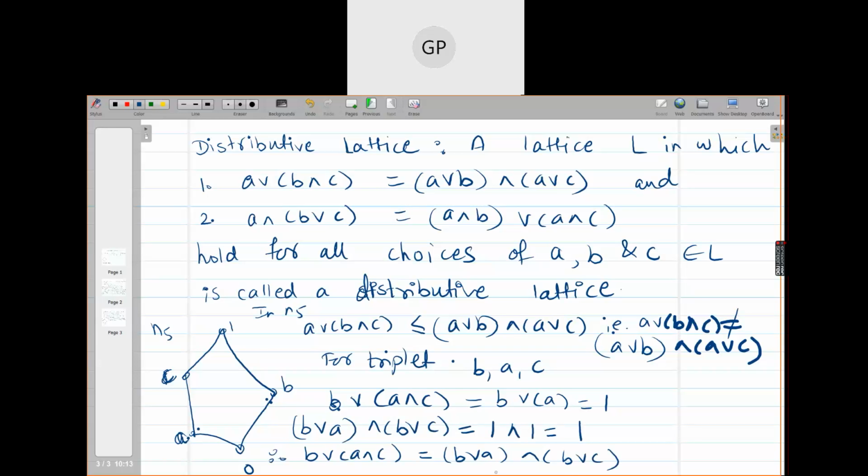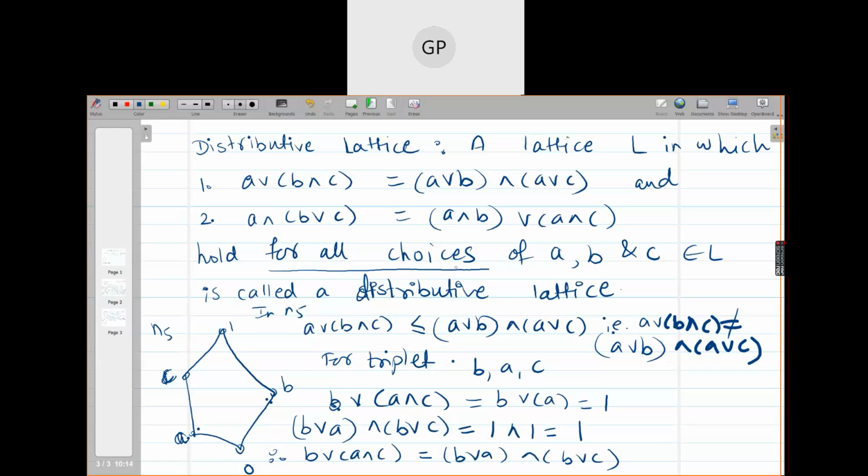So what is happening here? This distributivity law does not hold for all choices of A, B and C. Are you getting the meaning of this? And of course, you can change the elements also. You can have 0, A, B also. You can have 0, A, C elements as your A, B, C. You can have B, C, 1 also.